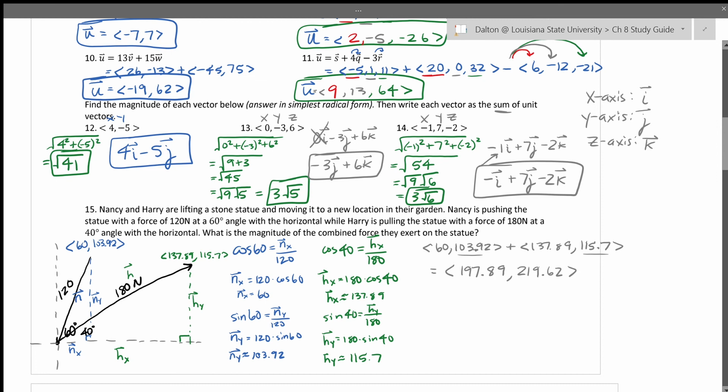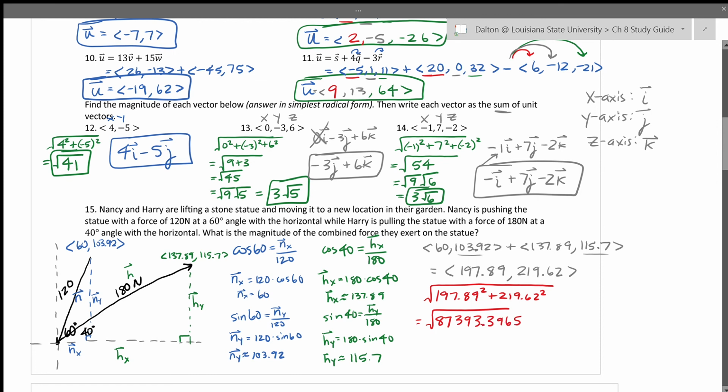The question is, what is the magnitude? Well, once you've added their forces, to find the magnitude, we're just going to take the square root of those components squared. So the square root of 197.89 squared plus 219.62 squared, which when you do that, you should get about the square root of 87,393.3965.